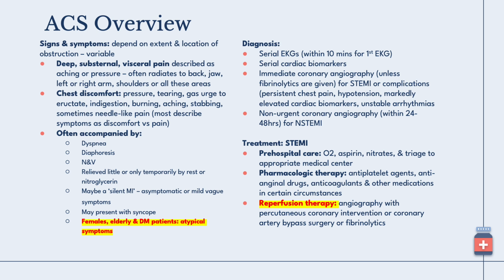So diagnosis, really important to get that EKG within the first 10 minutes and do serial EKGs to see the evolution of the potential MI. Getting your serial cardiac biomarkers and then getting them to the cath lab as necessary within 90 minutes for a STEMI, and then non-urgently for a non-STEMI, unstable for definitive diagnosis.